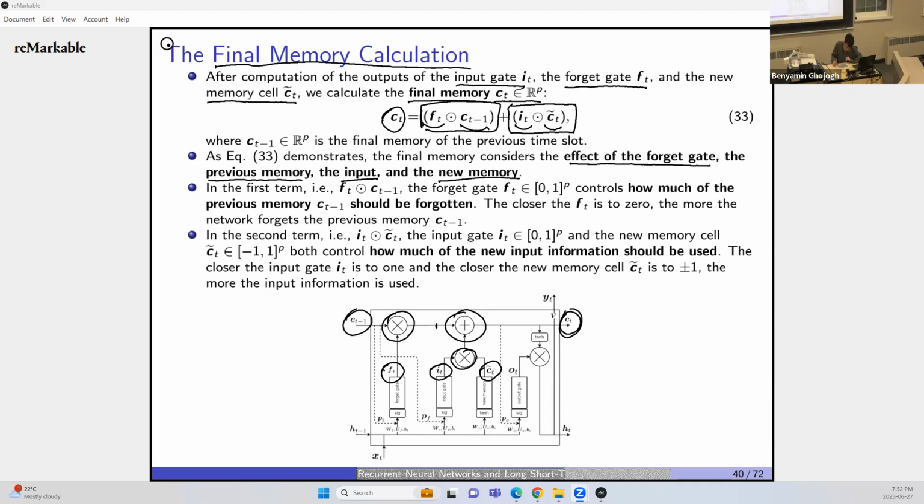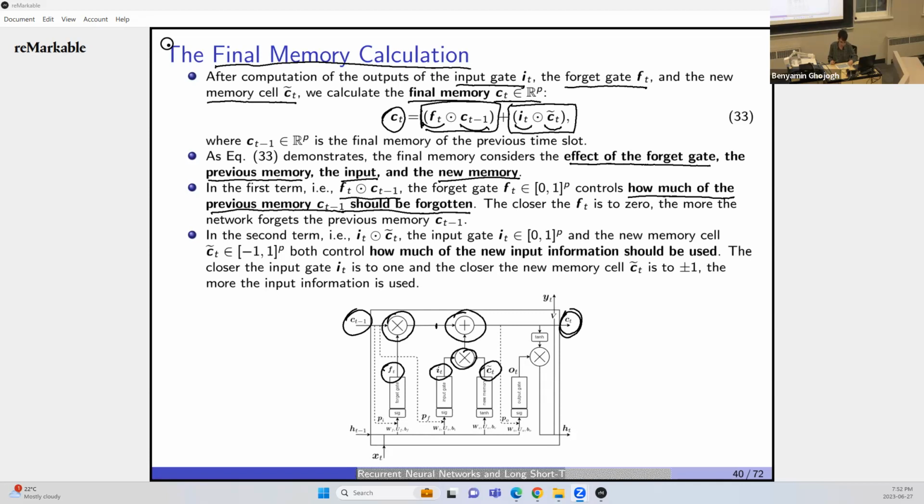Then what does it do? In the first term, FT times CT minus 1, the forget gate controls how much of the previous memory CT minus 1 should be forgotten. As I said, FT is a forget gate times CT minus 1. How much should I forget? FT can handle forgetting in two ways.